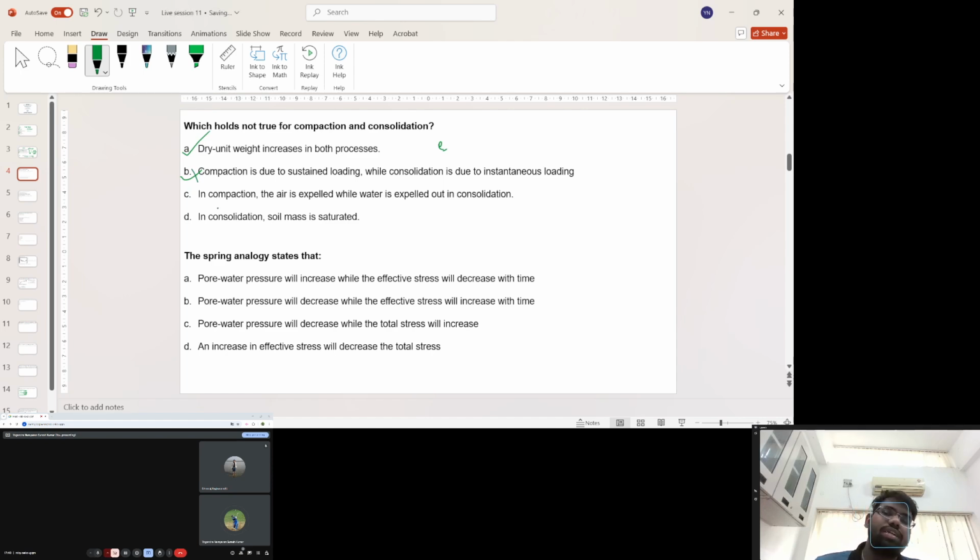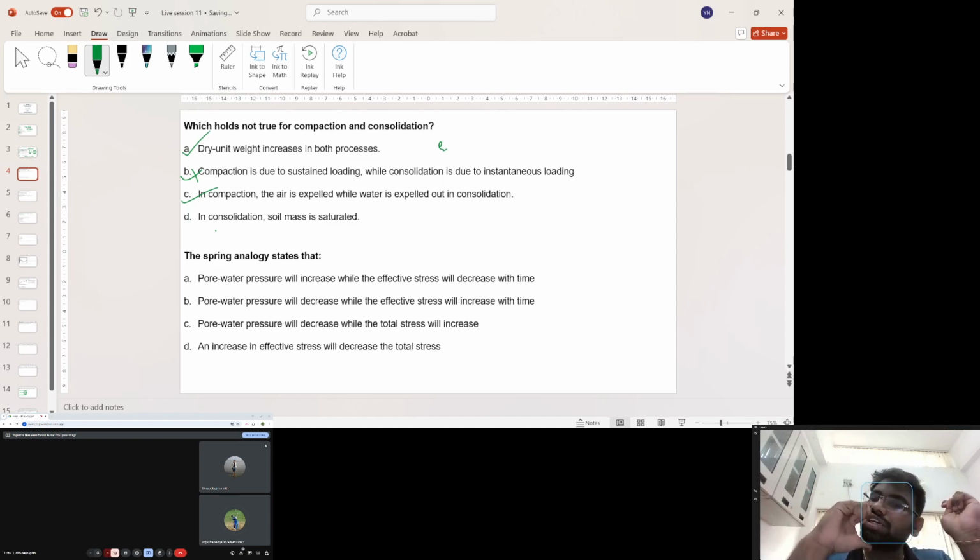The third option is, in compaction the air is expelled while water is expelled out in consolidation. This is also obviously true from the basic definitions of compaction and consolidation. And option D, in consolidation, soil mass is saturated.